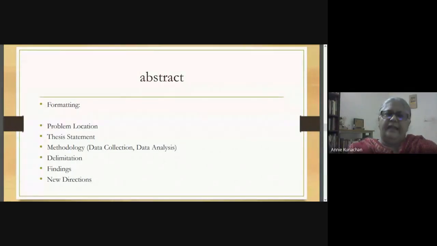So in actual fact, your delimitation becomes the strengthening of your research. Why do I use the word strengthening? It is because only when you delimit your research will focus be maintained, and there will be greater focus for the reviewers or for people listening in on you.